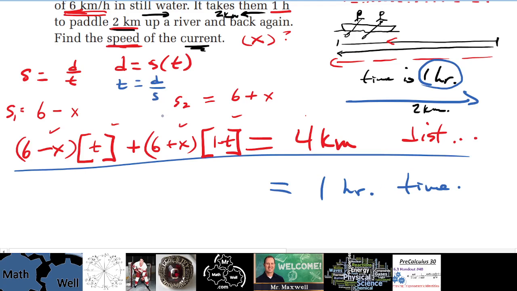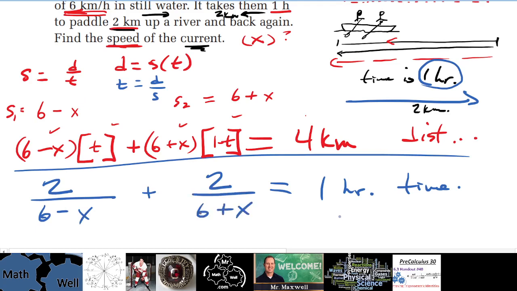So we might be onto something here. So the distance is going to be 2 kilometers on the way up there, divided by the speed, which would be 6 minus x. And we could add to that 2 kilometers again over 6 plus x. And I think that's what we're going to have to do, because that just gives us one variable.